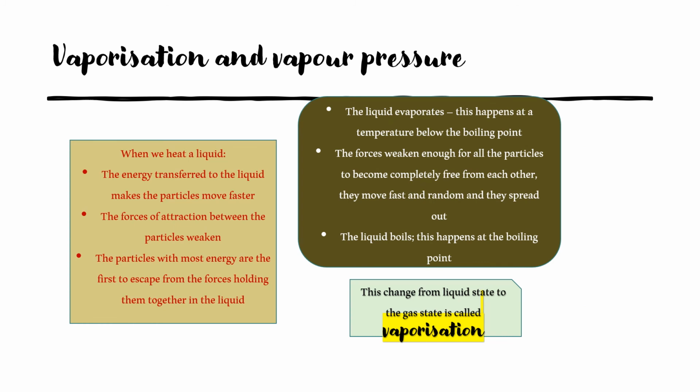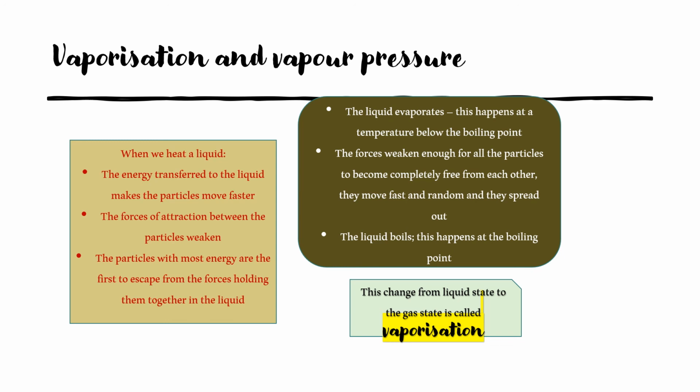Vaporization and vapor pressure. When we heat a liquid, the energy transferred to the liquid makes the particles move faster. The forces of attraction between the particles weaken, and the particles with most energy are the first to escape from the forces holding them together in the liquid. The liquid evaporates.